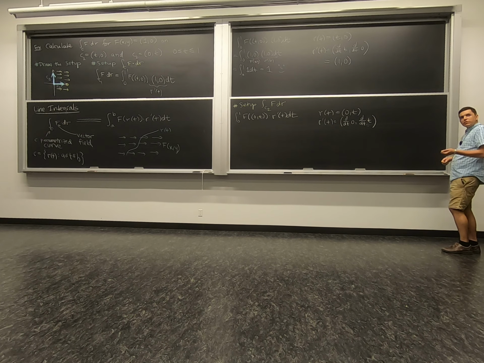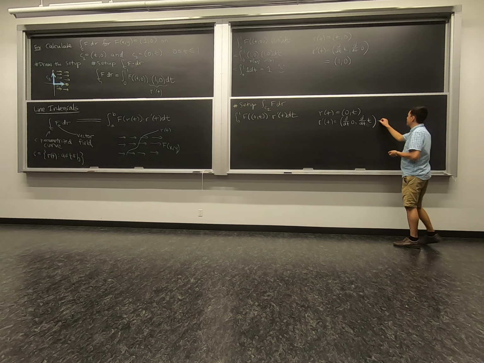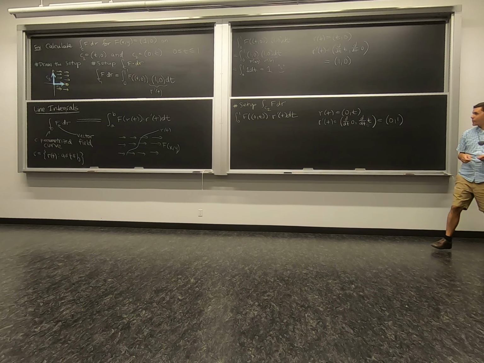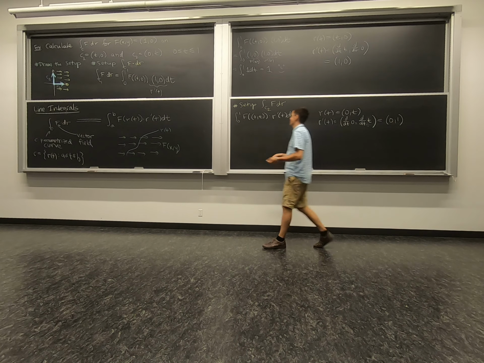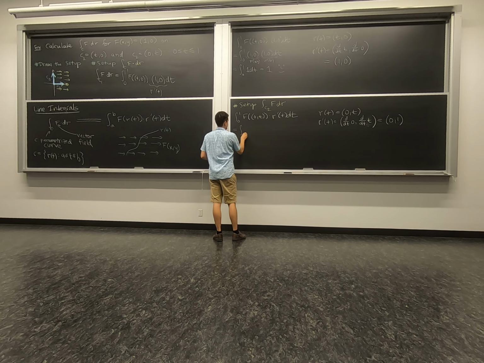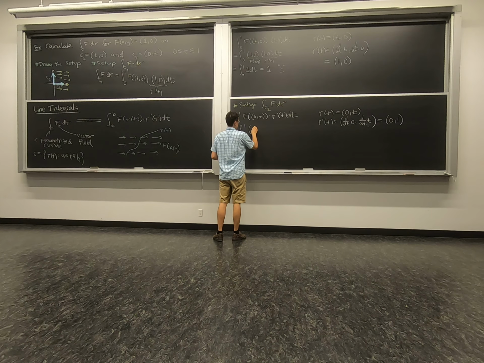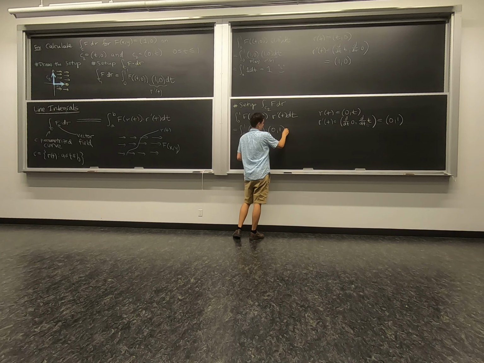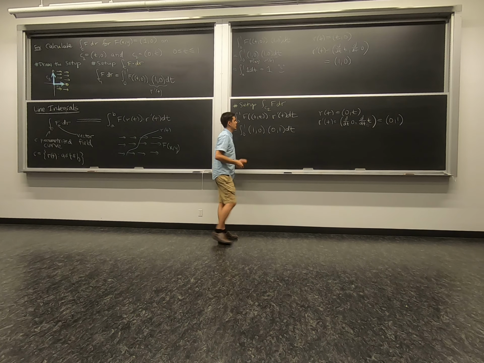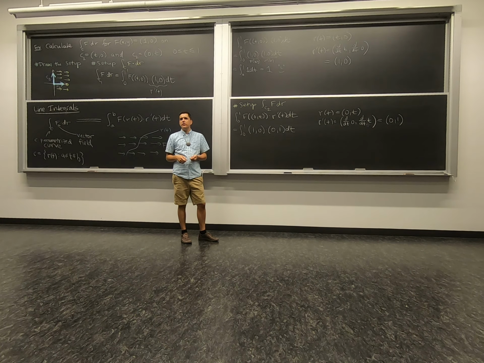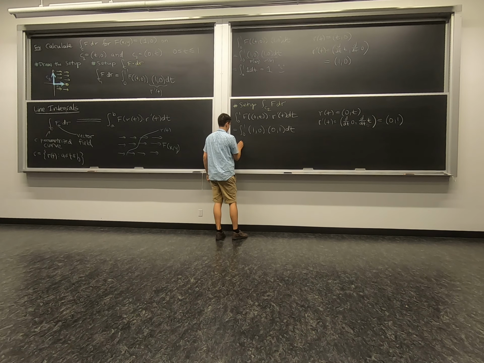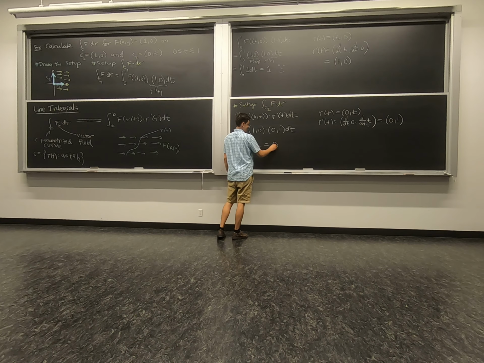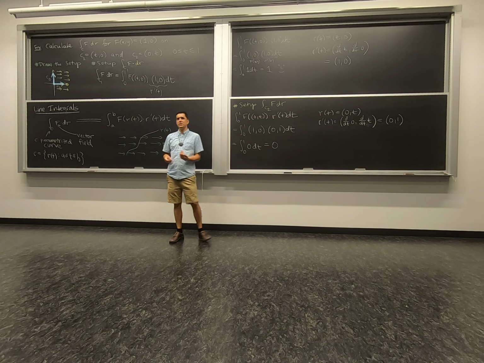Right, so we take the derivative of our path. This time we get 0, 1. Okay, this dots to 0. Now we're integrating 0.